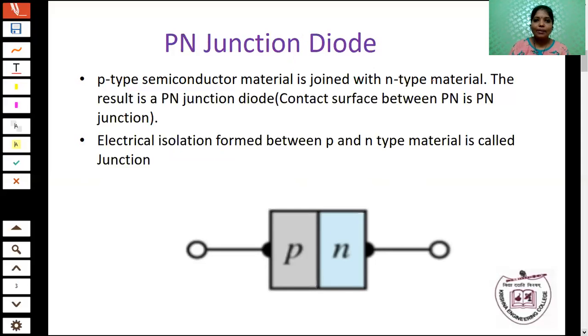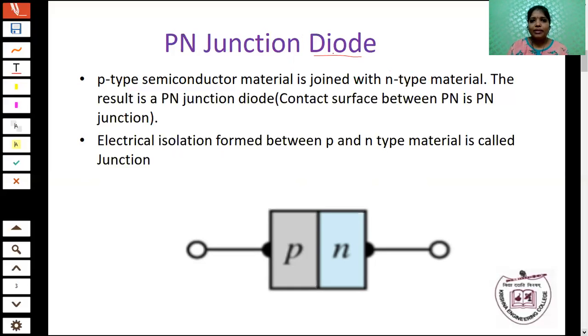What is the meaning of PN junction diode? The diode term was initially coined by William Henry Eccles in 1917. Generally, di means 2, ode means electrode.